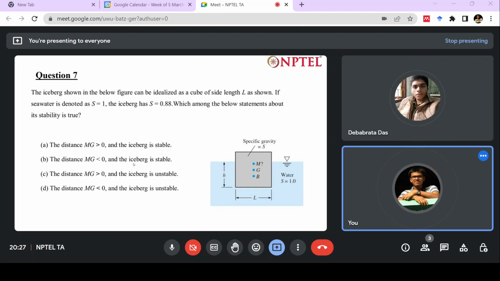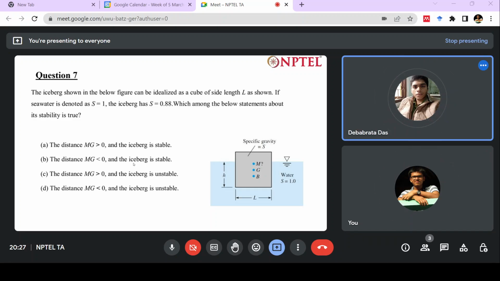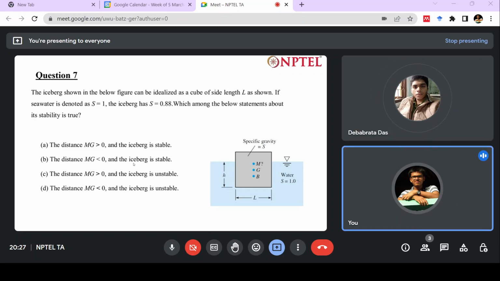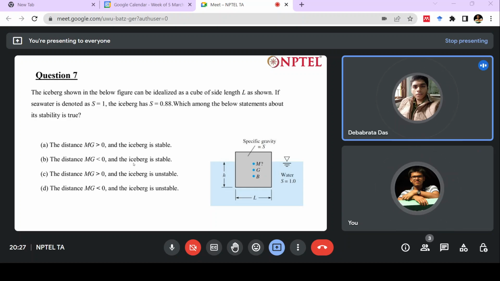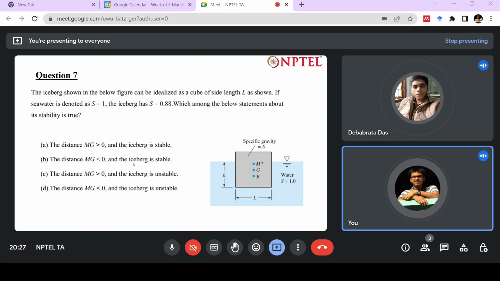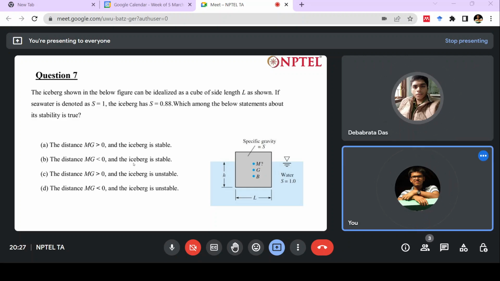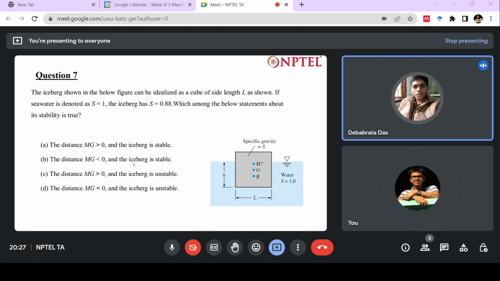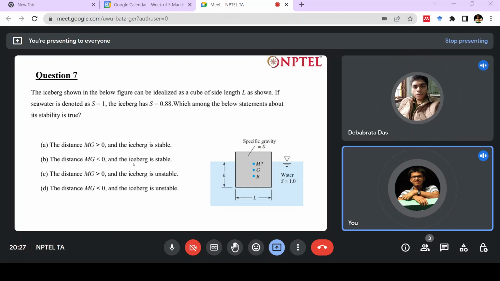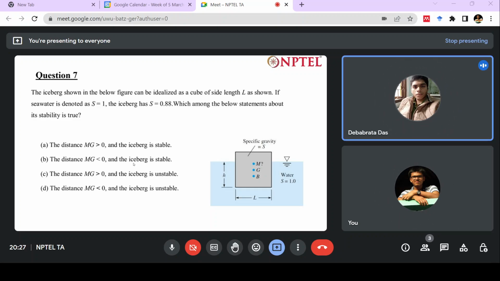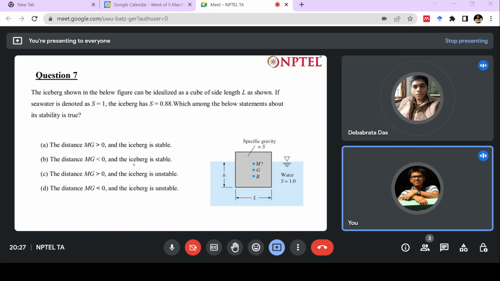So the question is: the iceberg shown in the below figure can be idealized as a cube of side length L. If seawater is denoted as S equal to 1 and the iceberg has S equal to 0.88.